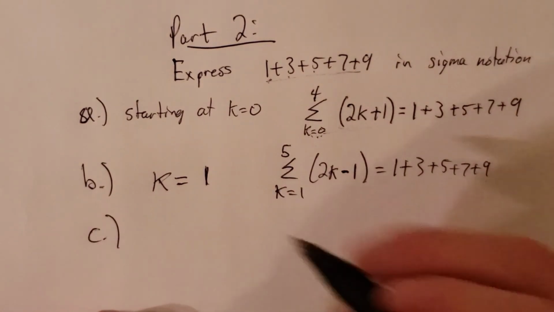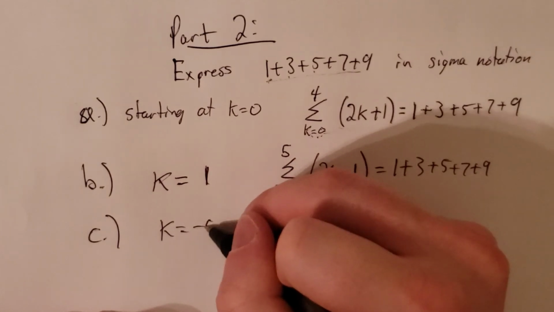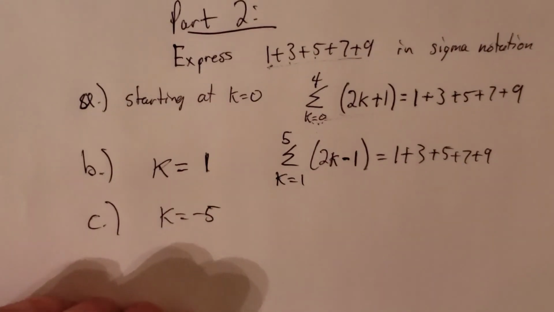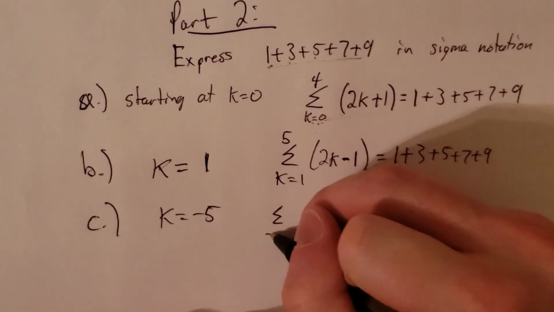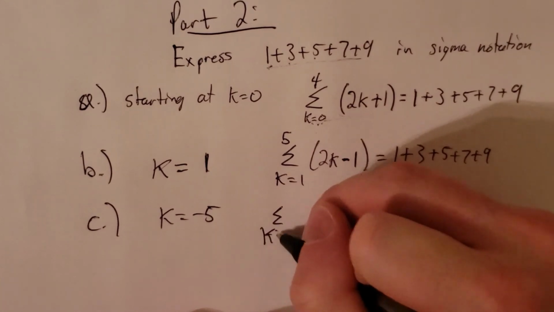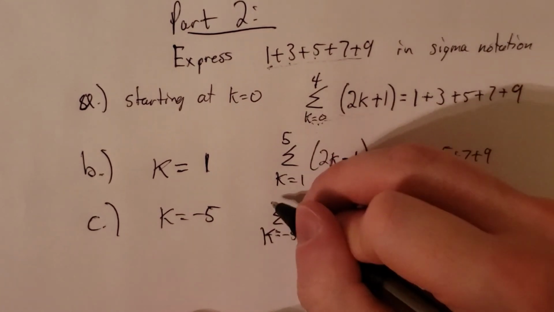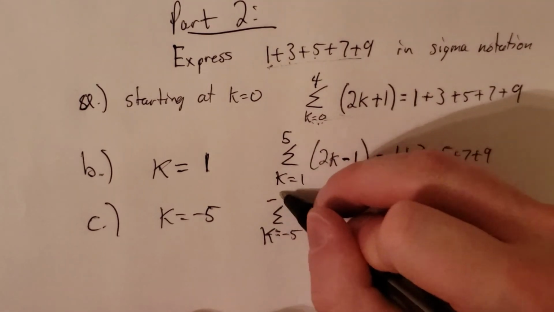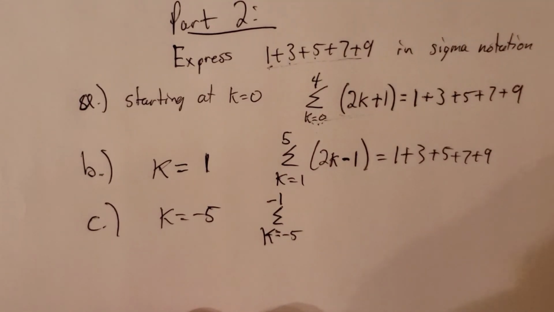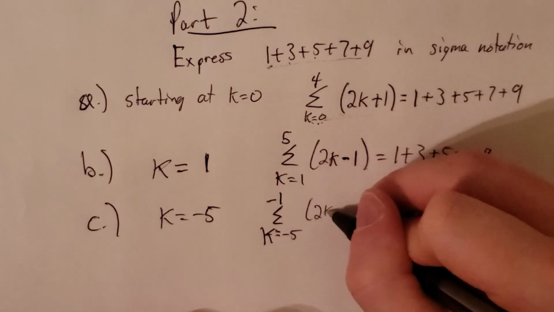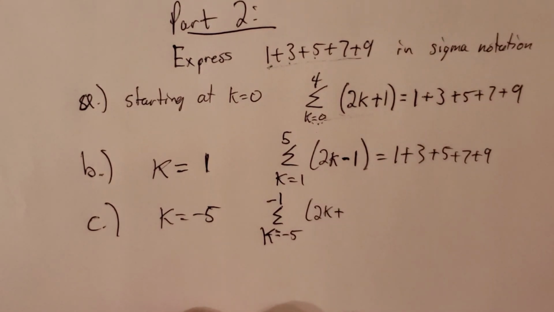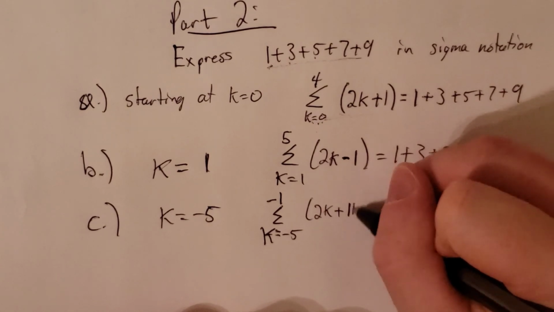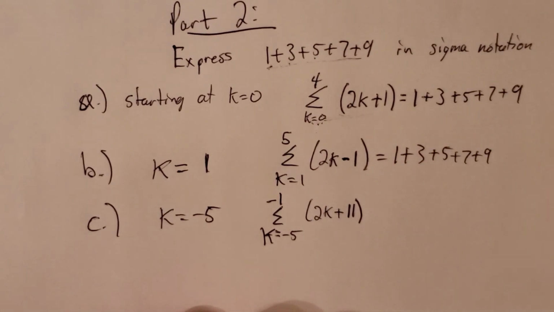And for part C, real quick, what if we started at k equals negative 5? We don't even need to start at a positive integer here. K equals negative 5 runs up until n equal to negative 1. So this will be 2k plus, and through a little bit of observation, we see that this is plus 11.